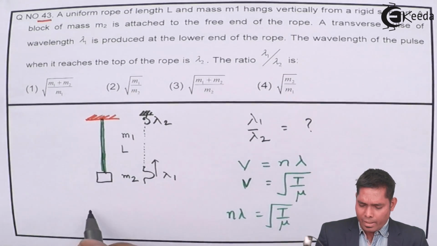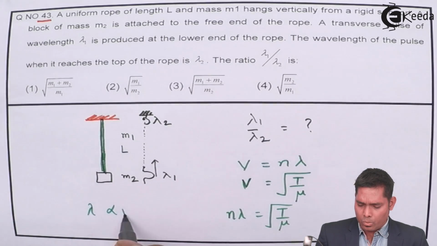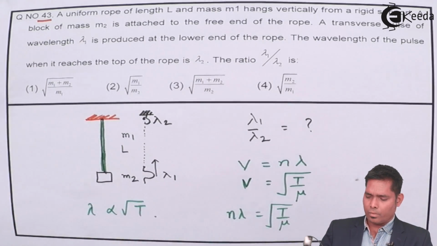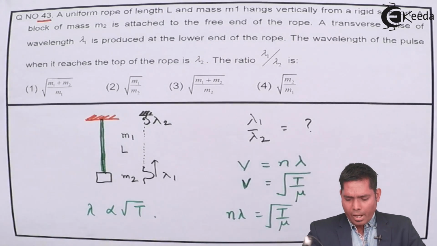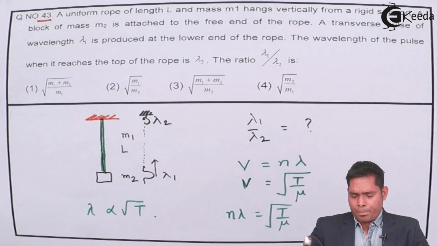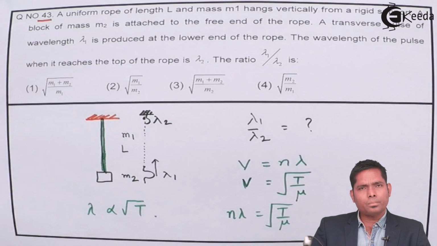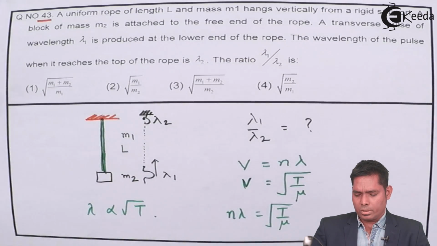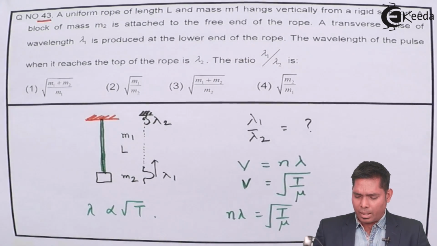From here I write that lambda is proportional to the square root of T, because I have to keep one variable and the other two constant.